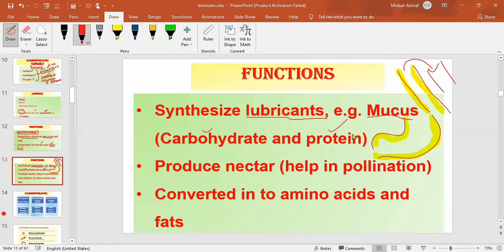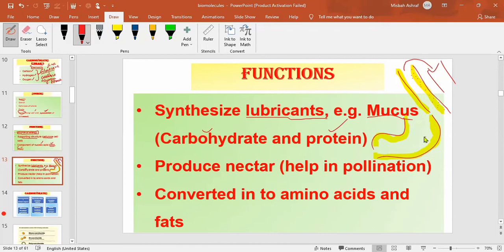But in the small intestine, I have drawn here the small intestine, and inside this yellow one is showing the mucus. The mucus is covering the walls, and here it has a different function.